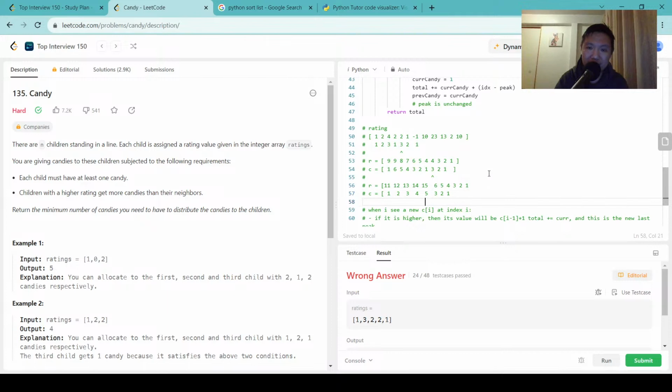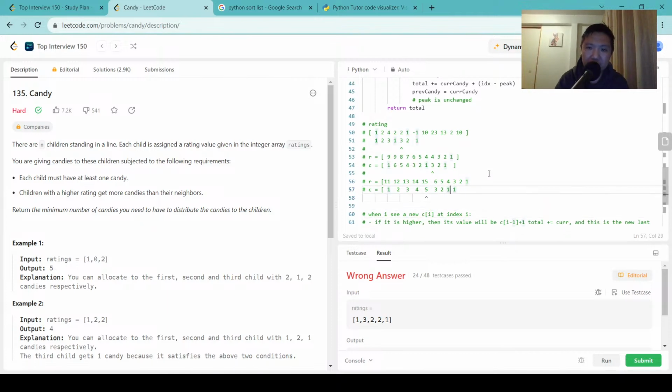Then my last peak is actually here. 1, 2, 3, 4. And then when this comes here, this pushes the one before it. 2, 3, 4, 5. Oh, in my previous case, my last peak is here. So this becomes 6. So this is my new last peak.